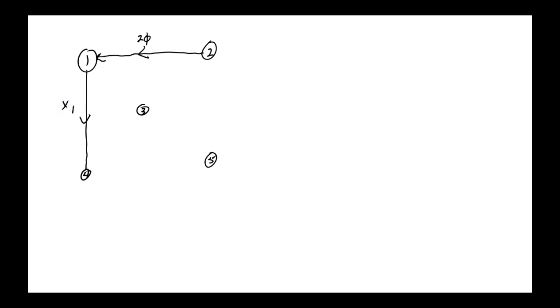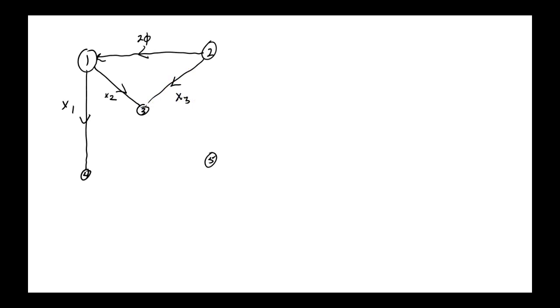From 1 to 3 is going to be our second variable, x2. Going from 2 to 3 is yet another variable, x sub 3.